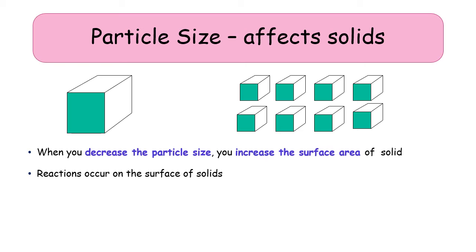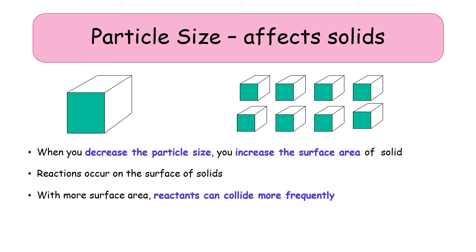Now, reactions occur on the surface of solids, so the more surface you have exposed, more collisions can happen between the solid and the other chemical it's reacting with. So by decreasing particle size, we can increase the frequency of collisions, and this increases the rate of reaction.